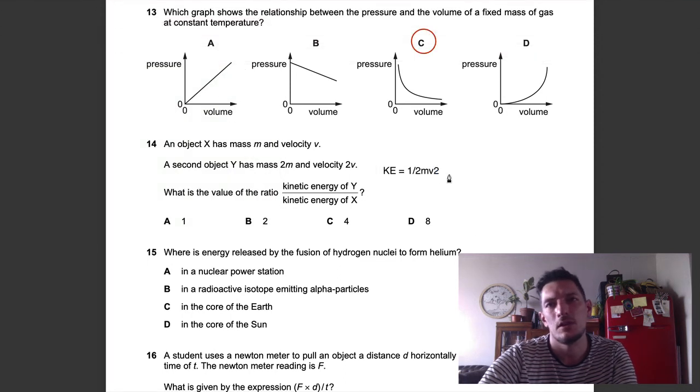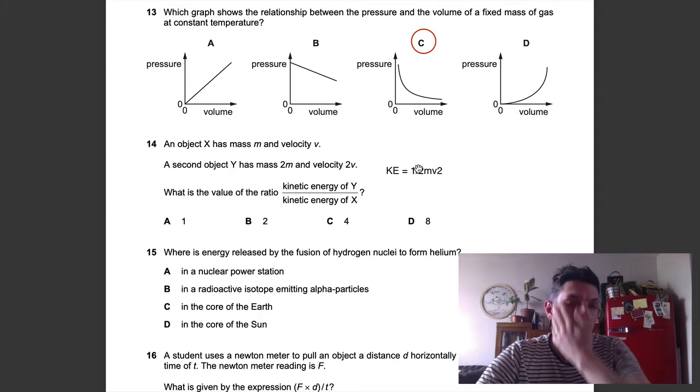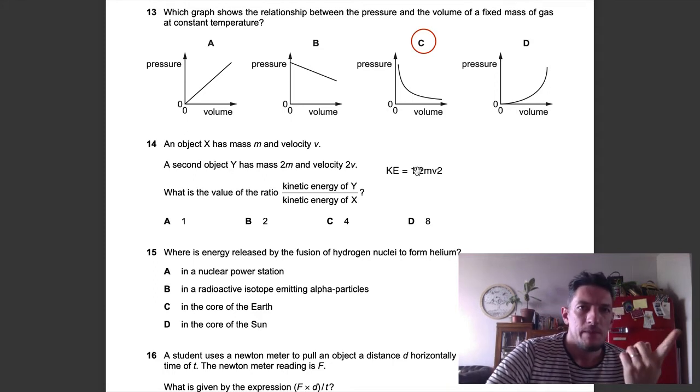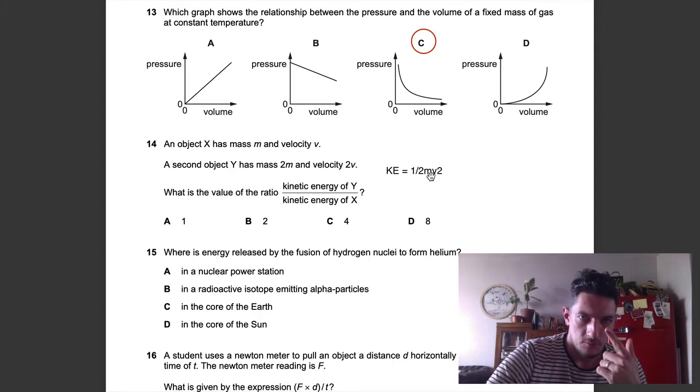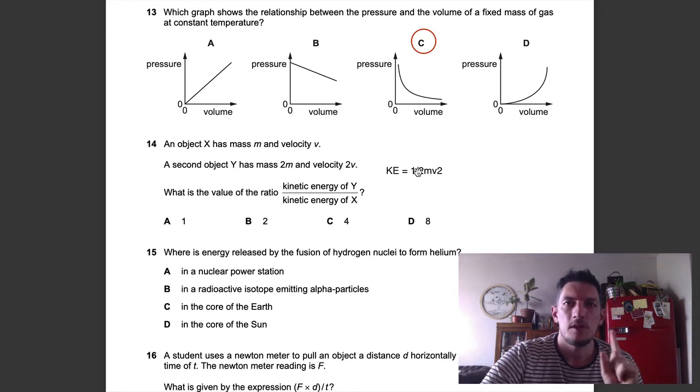I'll just leave it like that. It's mv squared. Okay. So doubling the mass will double the kinetic energy. But doubling the velocity will then multiply the kinetic energy by 4 because of the square relationship on the velocity. So essentially it's times by 2 and times by 4. And so in conclusion it's times by 8.